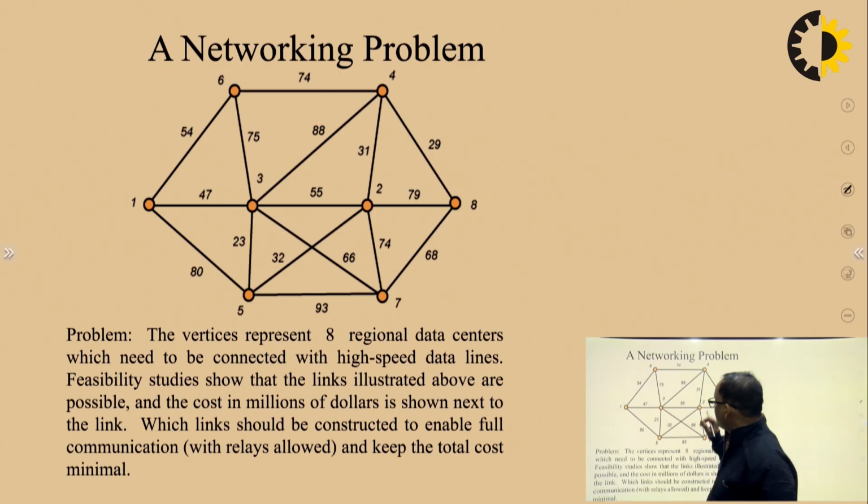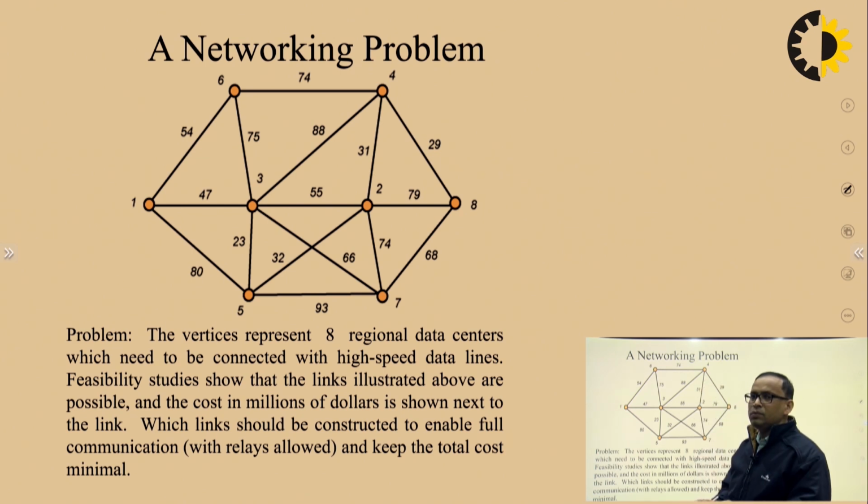Suppose there are 4 spanning trees. Then among the 4 spanning trees, the spanning tree which has the minimum weight will act as the minimum spanning tree for the given graph. And again, there may be more than one minimum spanning tree possible. It means the spanning trees which have the minimum weight may also be more than one. So, this is the concept of the spanning tree.